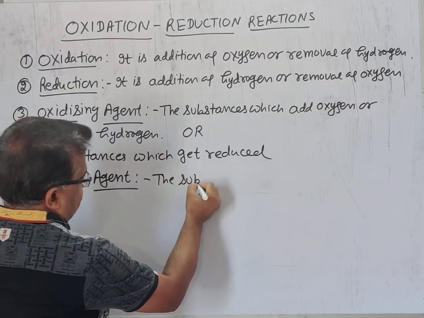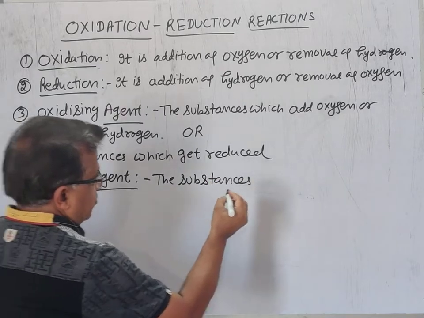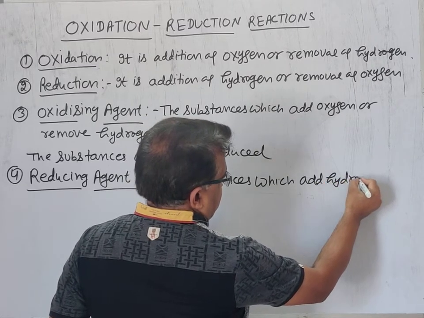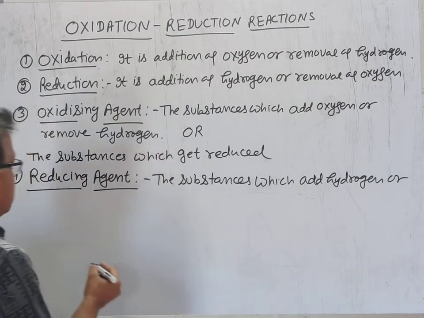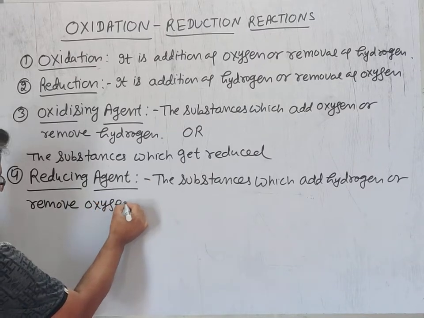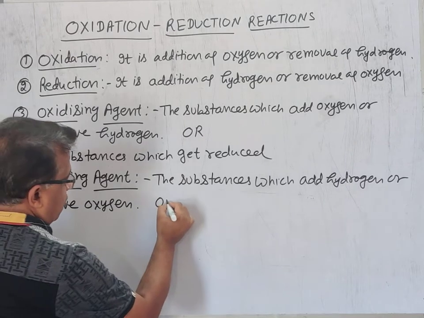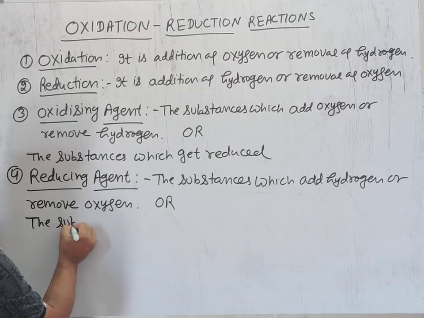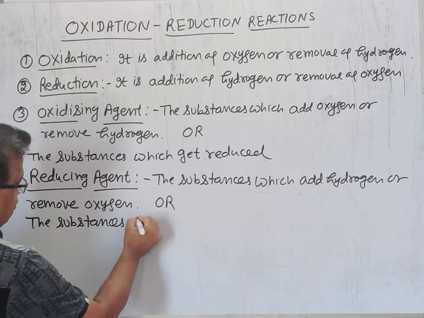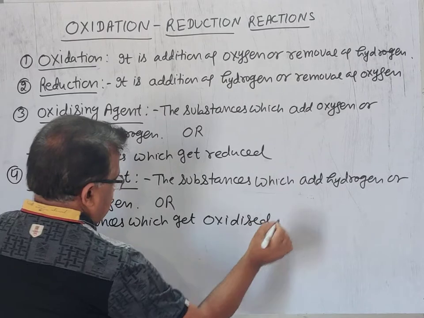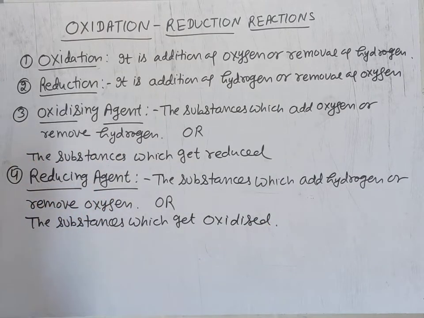The substances which add hydrogen or which remove oxygen are known as reducing agent, or the substances which get oxidized. It will be clear from the examples which we discuss after some time.